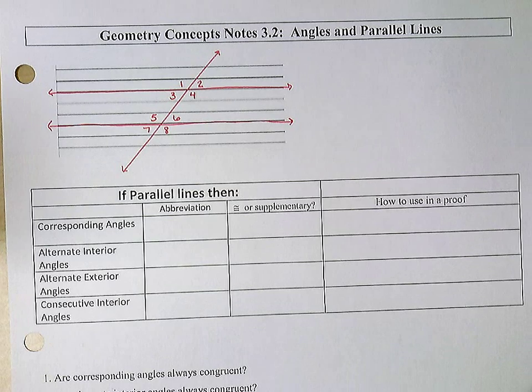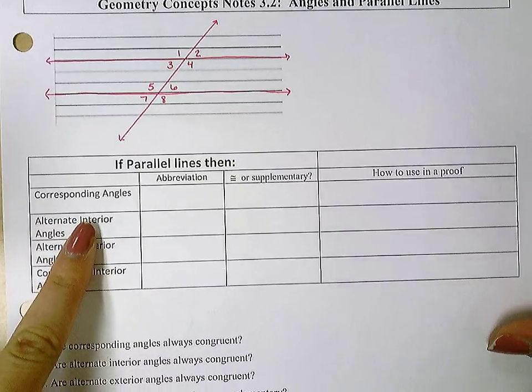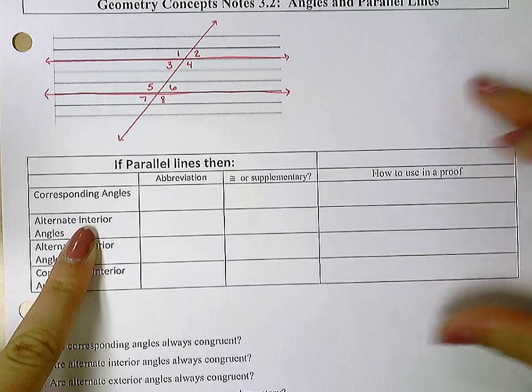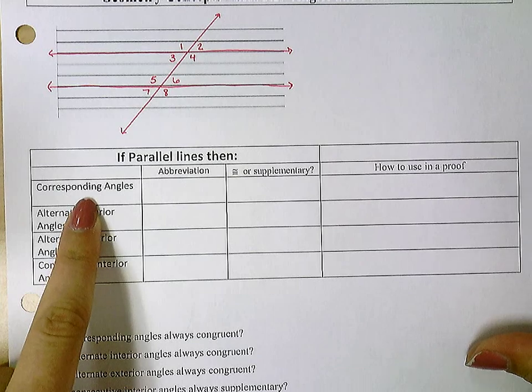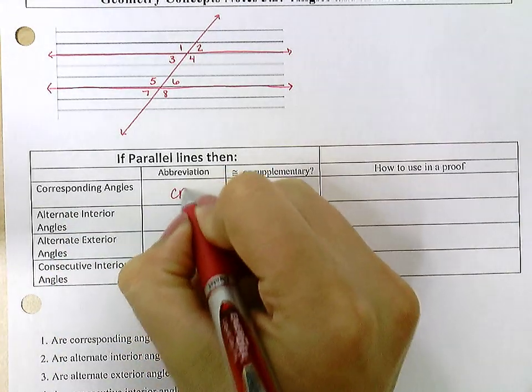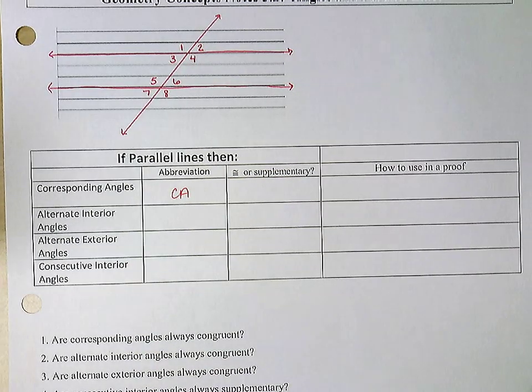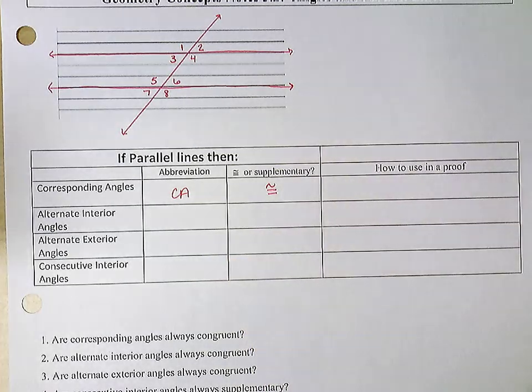So we're going to look at what those different angles are called given parallel lines. In my chart down here, we have corresponding angles. The abbreviation for corresponding angles is CA. If you have parallel lines, those angles are going to be congruent to each other, and that's what that symbol means.